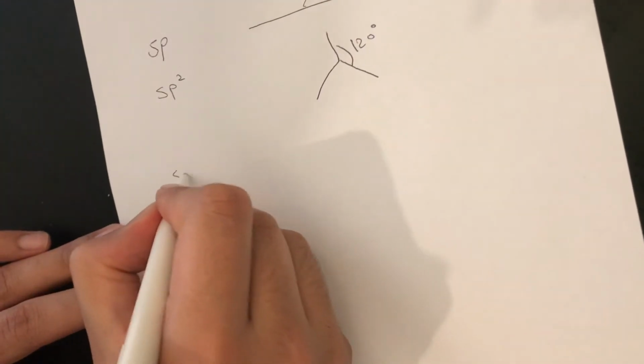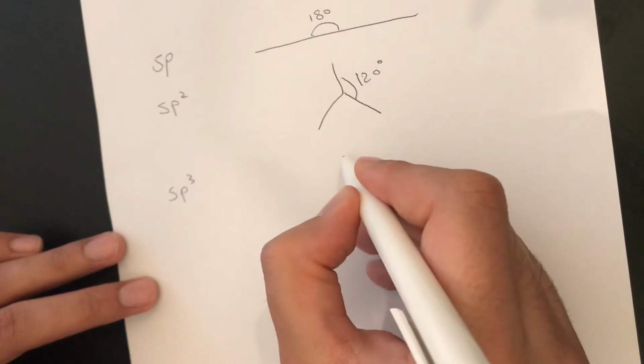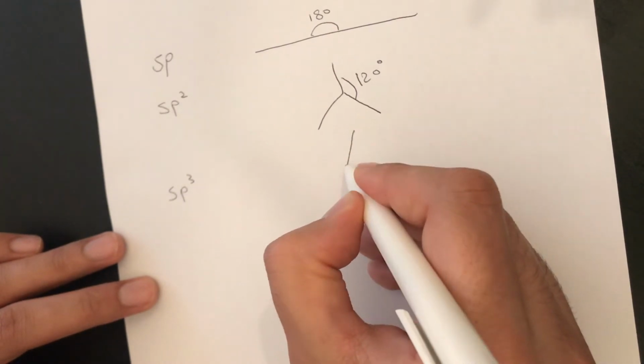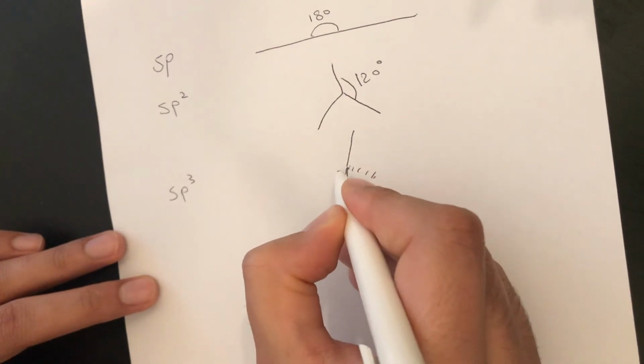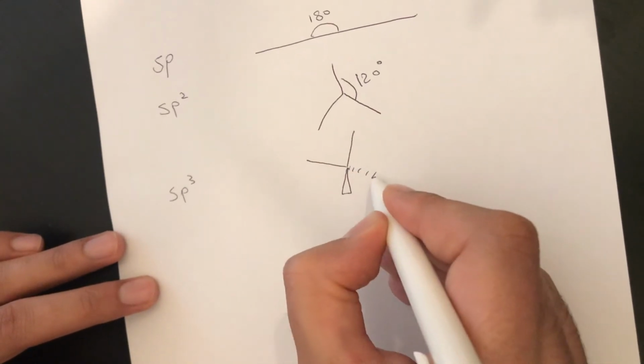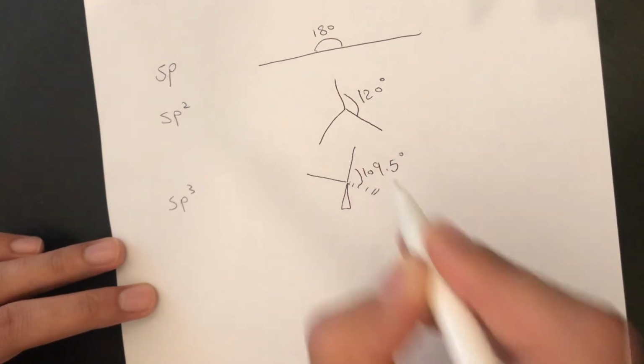Whenever you have sp3, that is going to be tetrahedral, which is 109.5 degrees away.